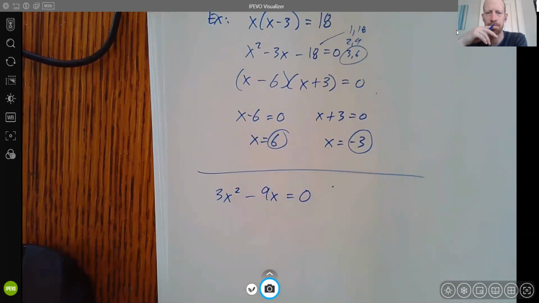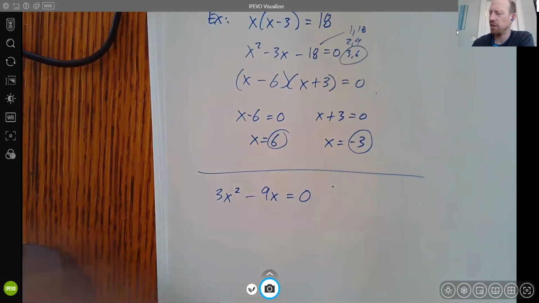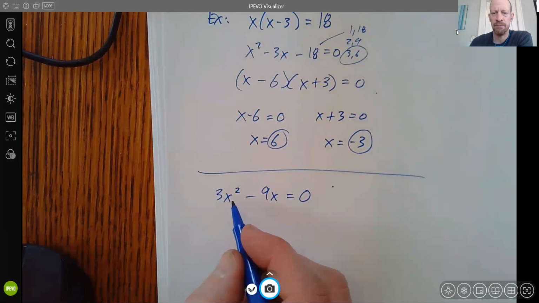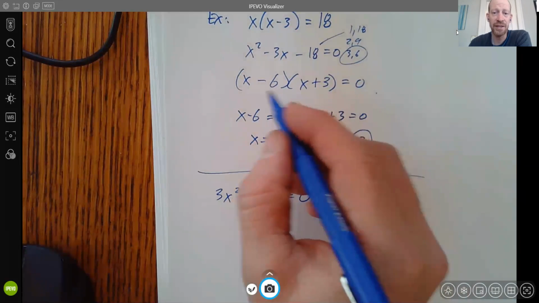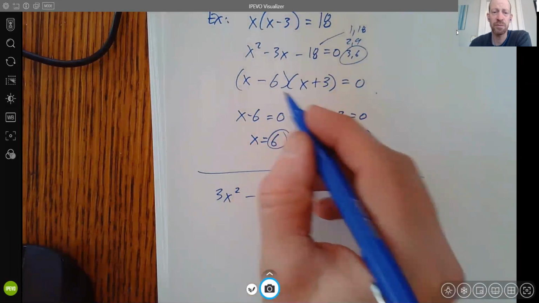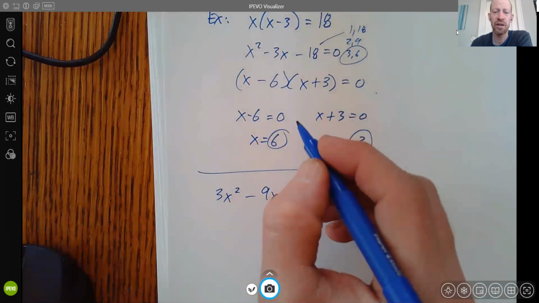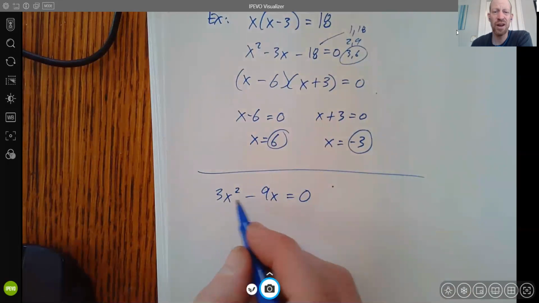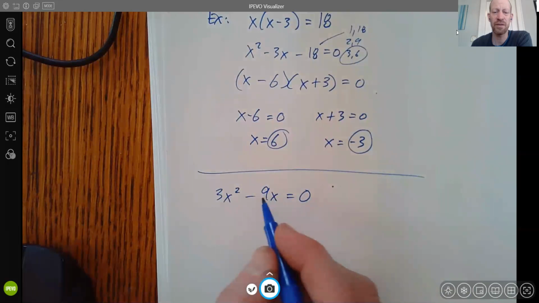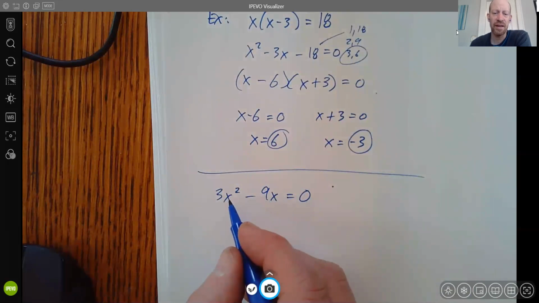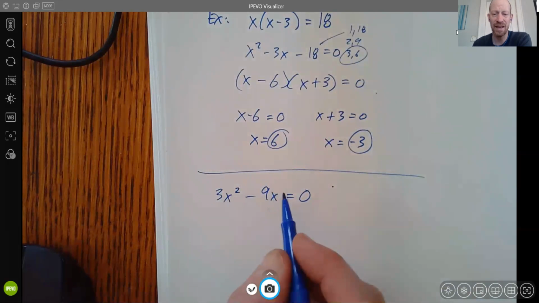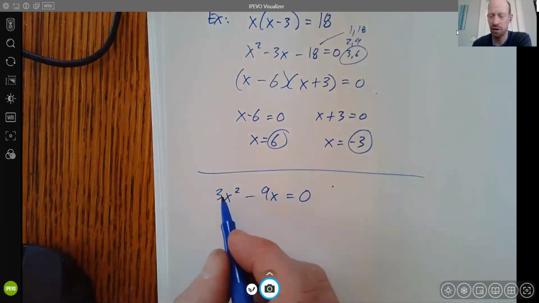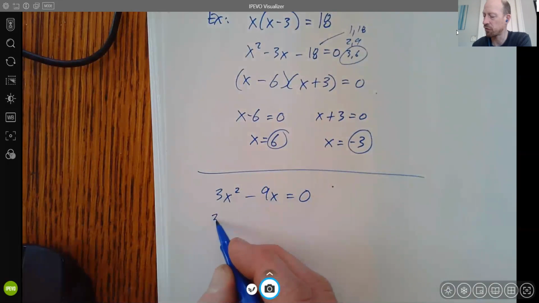I think they see the x squared and they want to try this strategy where they split it into these two factors, but it's not actually a trinomial, right? There's only two pieces here, and then maybe they think of the binomial strategies, right, where you try and factor the two pieces, but it's not that either, right? Really what you want to do here is pull out the GCF first.